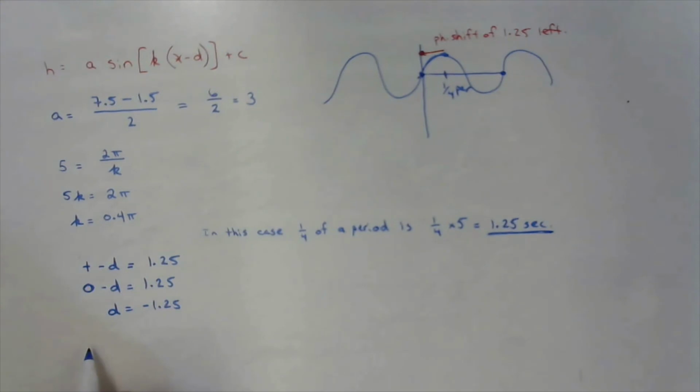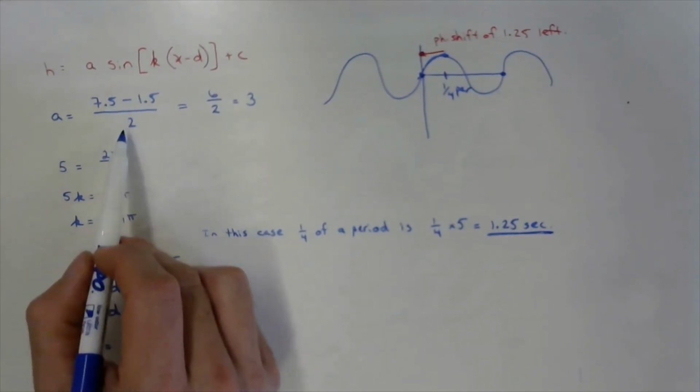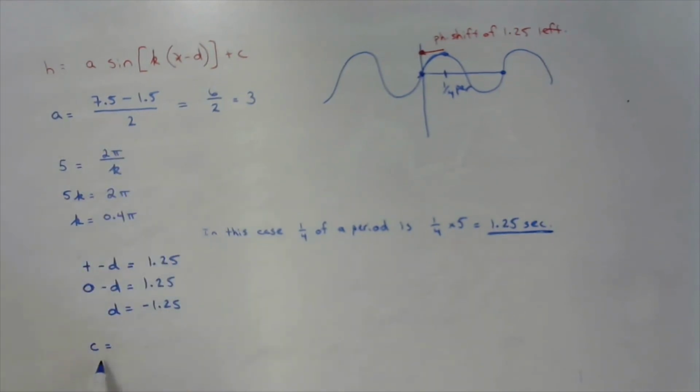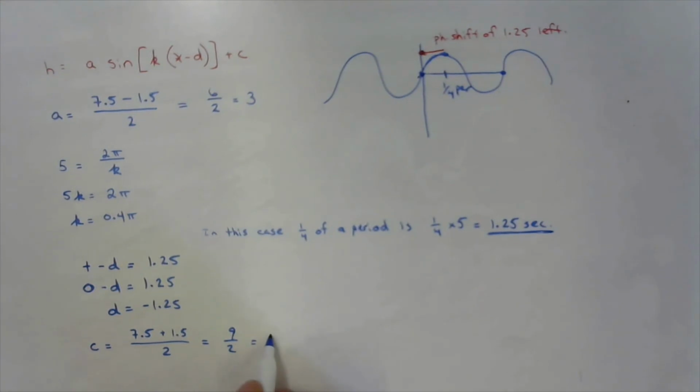Amplitude is different. Amplitude is the difference divided by 2. The rest, you add up the max and min and divide by 2. Okay, so you end up with 9 over 2, which is 4.5.